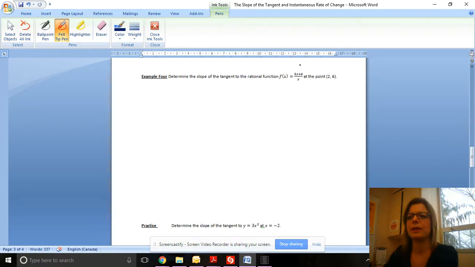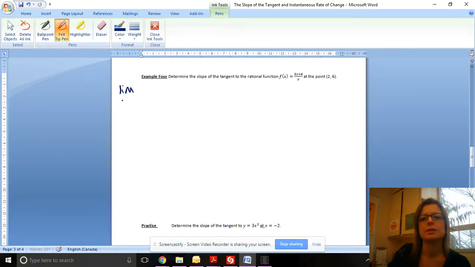Okay, so example 4. Determine the slope of this rational function, 3x plus 6 over x at the point 2, 6. So this is nice because they give you f at 2 and you don't actually have to find it yourself. So you know now that f at 2 is 6. So again, you just start with your handy, sorry, I should put m equals. You just start with your handy limit statement and you're putting in 2 plus h in for x at the first part.